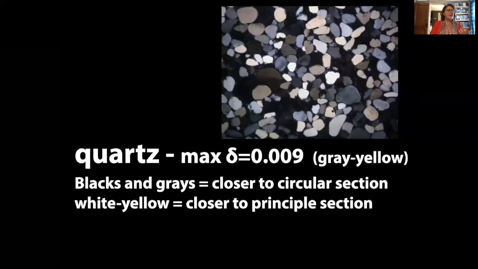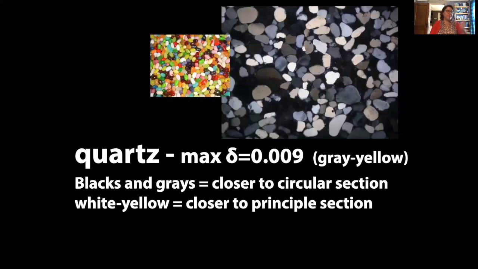Okay, so as an example, here's quartz, there's the jelly bellies. If we just took this and sliced it through exactly as those jelly bellies are randomly oriented, we might see something like what we see in this quartz thin section, where we have blacks and grays, which have very low birefringence, which means they're close to the circular section where the light is seeing very similar indices of refraction.